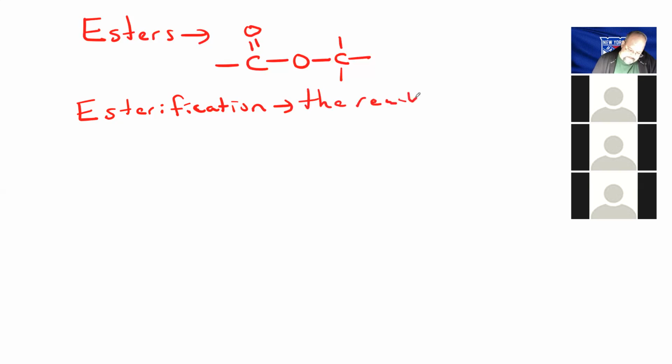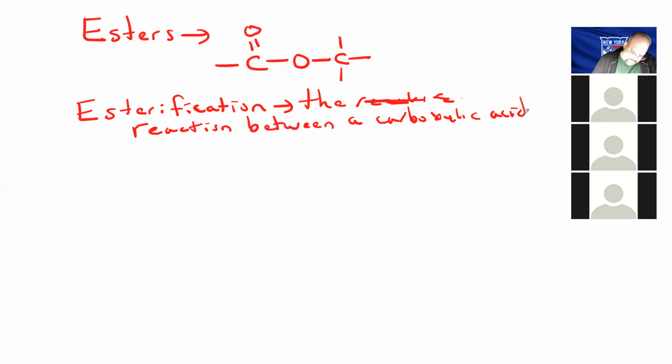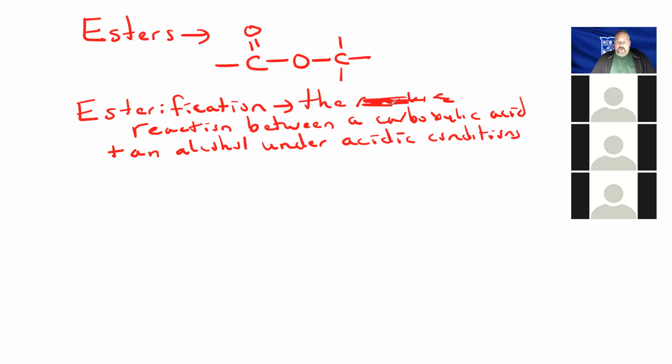It's the reaction between a carboxylic acid and an alcohol under acidic conditions to produce what? Essentially, to produce an ester. It's the reaction between a carboxylic acid and an alcohol under acidic conditions to essentially produce an ester.